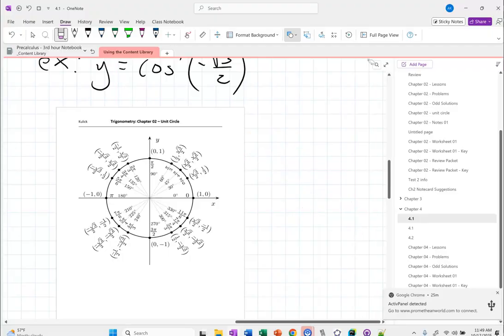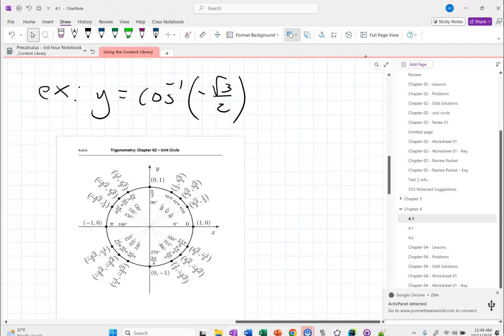Okay, so let's do another example. Here we're doing cosine inverse of negative square root 3 over 2.